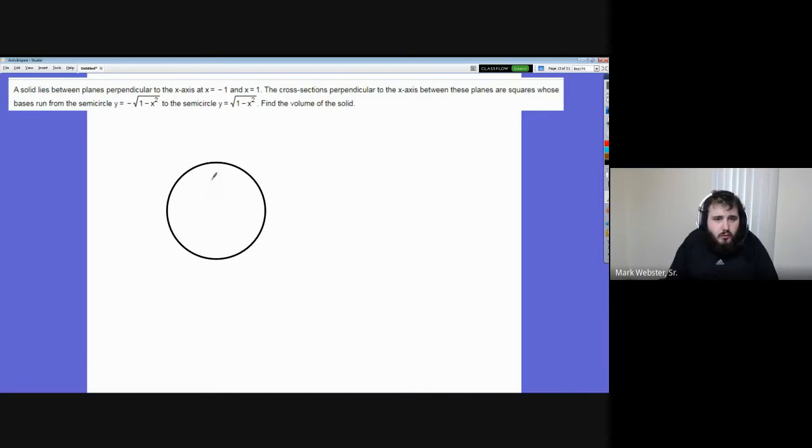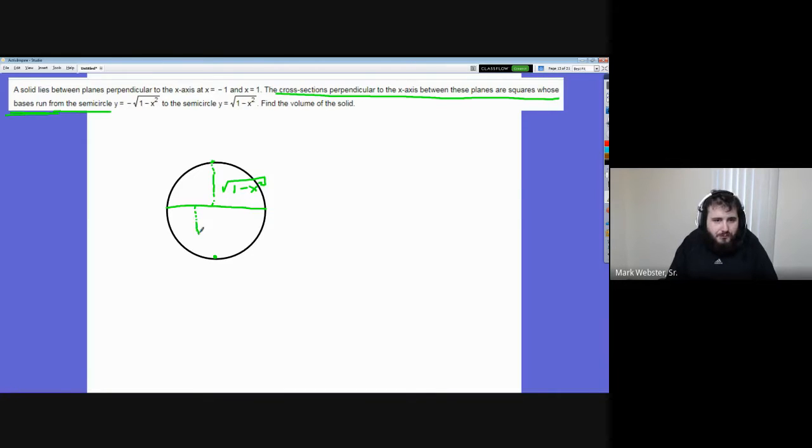The cross sections perpendicular to the x-axis between the planes are squares whose bases run from bottom to top here. Imagine the x-axis here. Going up, this distance is radical 1 minus x squared.